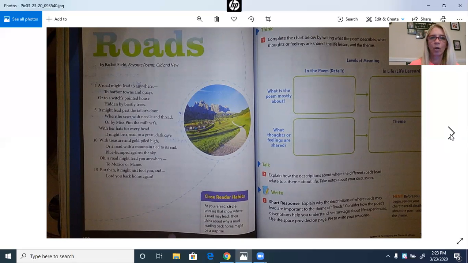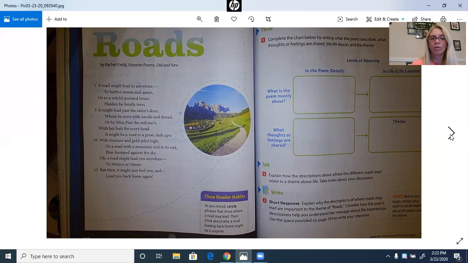And it says, a road might lead to anywhere, to harbor towns and quays, or to a witch's pointed house, hidden by bristly trees. It might lead past the tailor's door, when he sews with needle and thread, or by Miss Pym, the milliners, with their hats for every head.